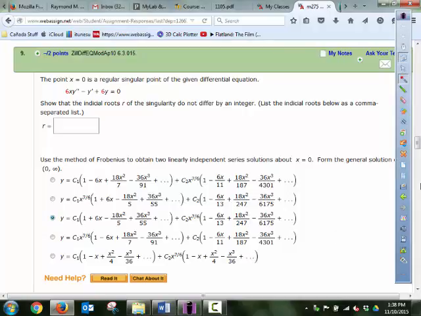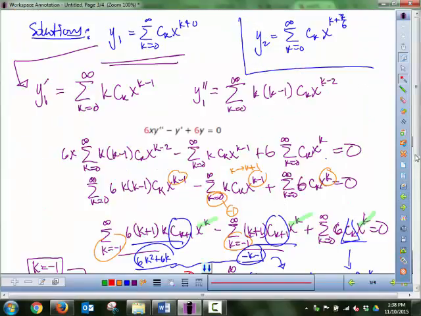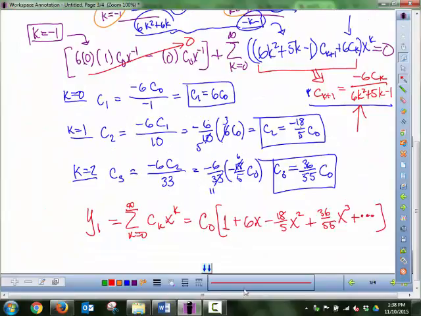Oh, so those are C sub 0 in our calculations. They were arbitrary constants that we took out. Essentially we can change this to whatever we want, a or c sub 1 or whatever. But it's different from the c's that we solve for that are part of the series. I guess it's unfortunate that we're using c's for the series.